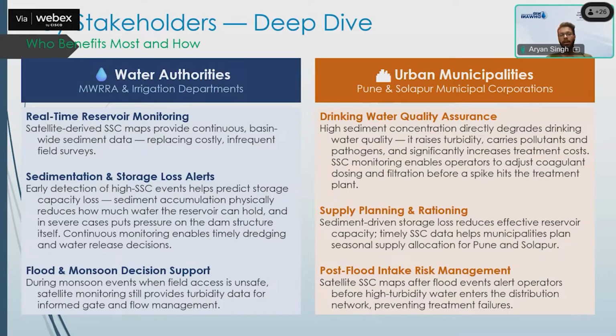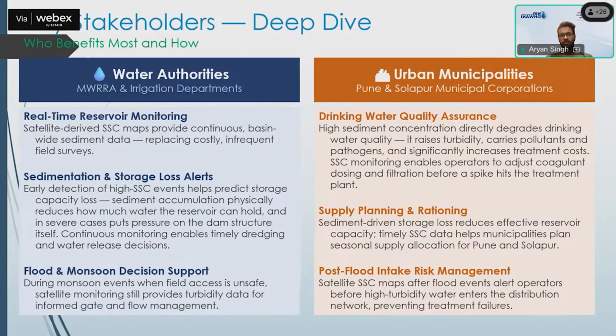Water authorities like MWRRA, which oversees the water authority of Maharashtra, can use this to track sedimentation, plan operations, and make decisions during floods without needing field teams. And for municipalities in Pune and Solapur, high sediment means higher treatment costs and risks to drinking water. With satellite data, they can see a problem before it hits the treatment plant.